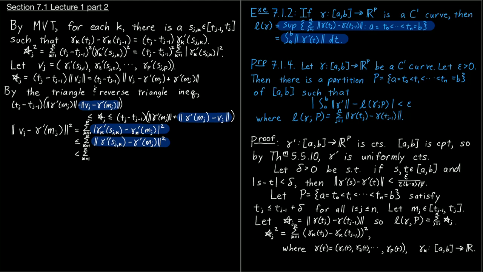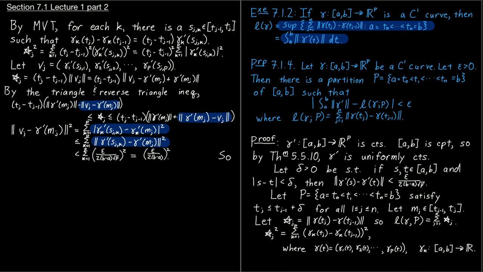So the difference between sjk and mj is less than delta by our assumption. So this is less than epsilon over 2 times b minus a, root p quantity squared. And now we finally can sum in k, and we get epsilon over 2 times b minus a. The root p, you square it, turns into a 1 over p, cancels out with the summation.